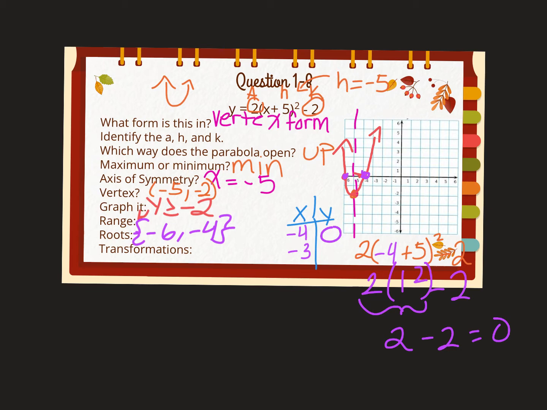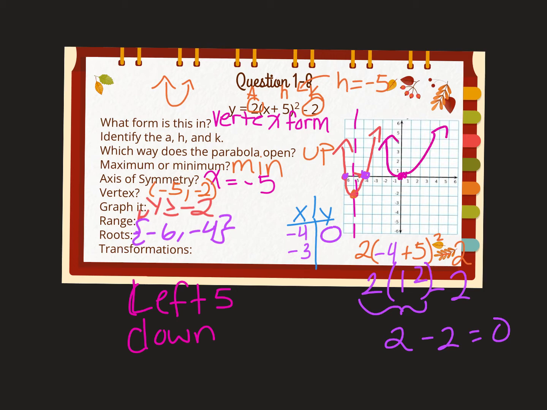And last but not least, we need to write the transformations out. So let's go ahead and do that. We moved to the left 5, so I know I'm going to go left 5. I went down from the origin, because remember we're talking about the parent function.